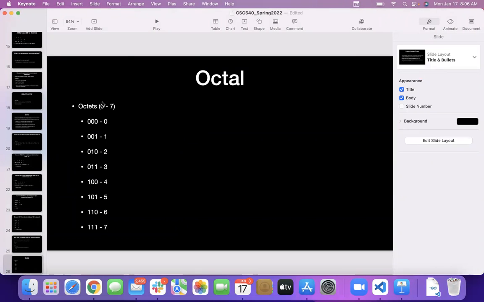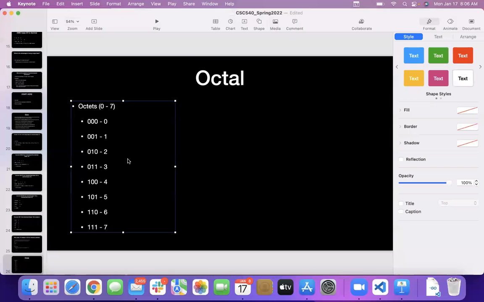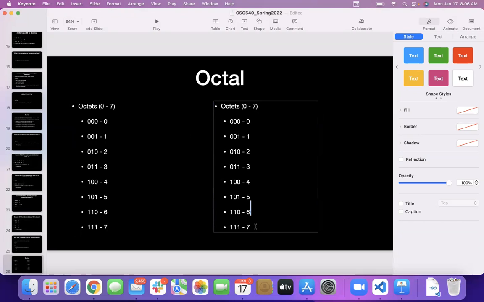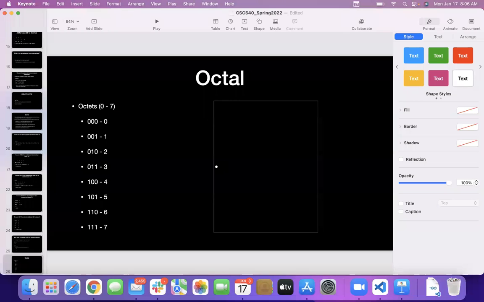All right. Now, what does that allow us to do? It allows us to do something like 2347 octal to binary.